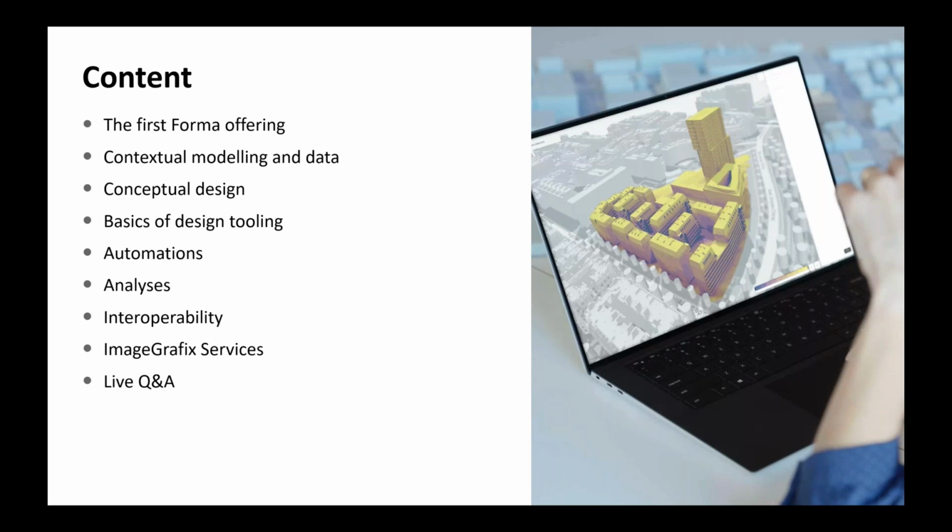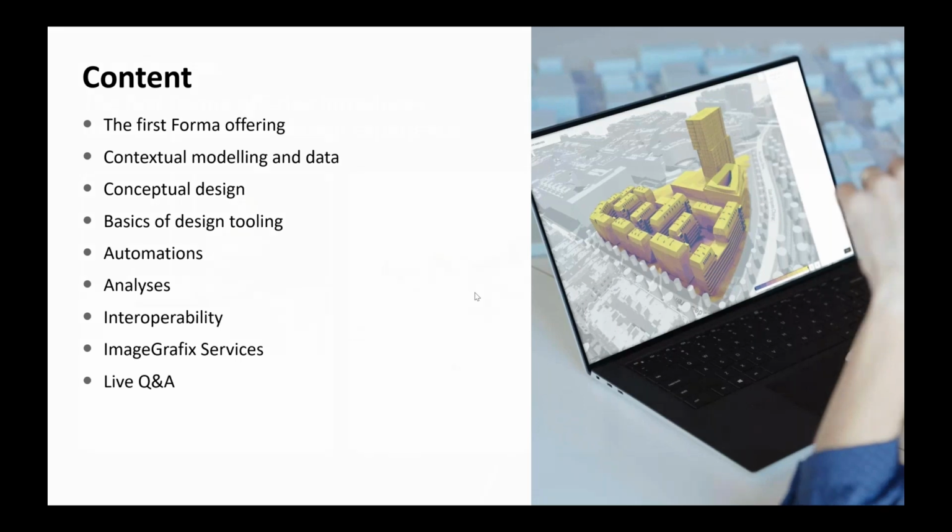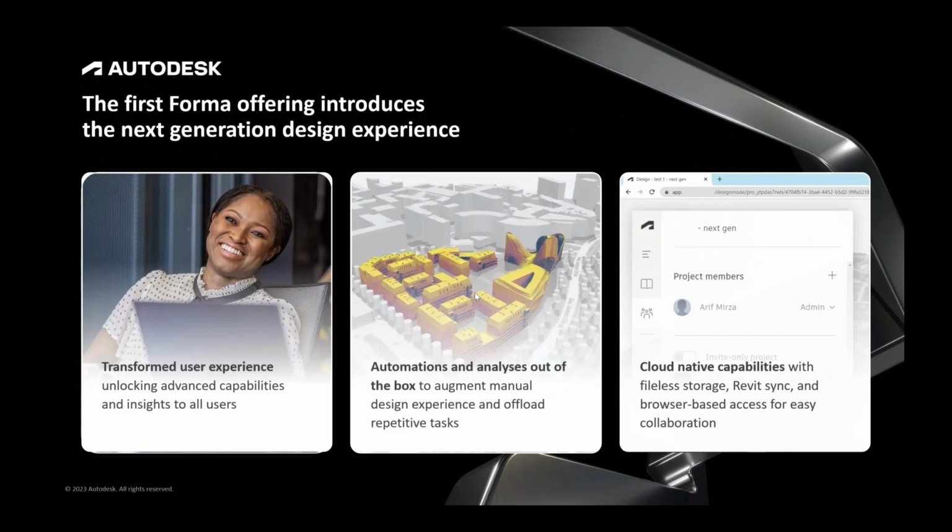Going on further, with the Forma offerings introduced, you will have the option to get started accessing this platform in a much easier way from your Autodesk account, which transforms the user experience across a huge set of factors, from sun to wind, and from noise to view.